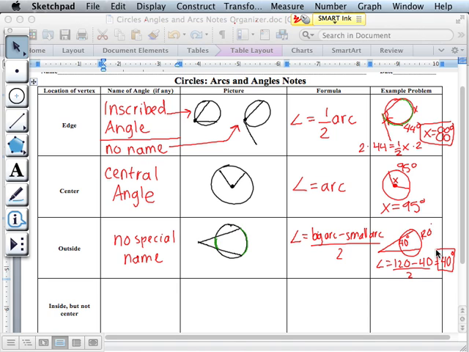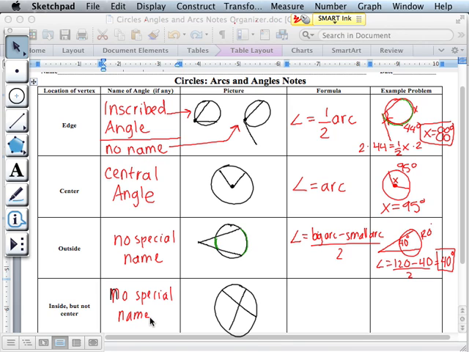Now, the last one is if the angle is inside, but not on the center. So what you end up having is like an X, a crisscross. And there's no special name here either. No special name.